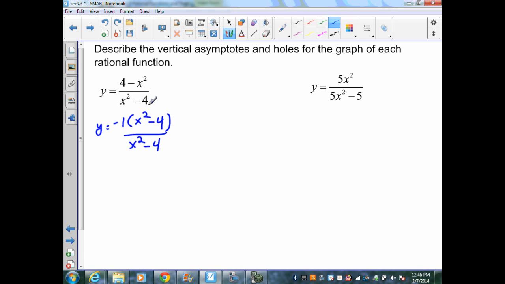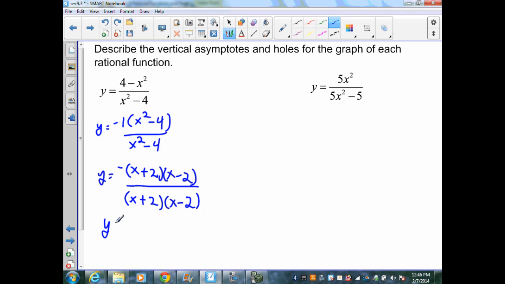I know that'll cancel, but I still need to factor again to find my values of x that might provide some discontinuity. So that gives me a negative x plus 2, x minus 2 in the numerator, because it's difference of squares, and similarly on the bottom, which is going to give me x plus 2, x minus 2. And that will leave me, when I simplify, y equals a negative 1. In other words, I'm going to get a horizontal line, but I'm going to have some discontinuity at these two values.